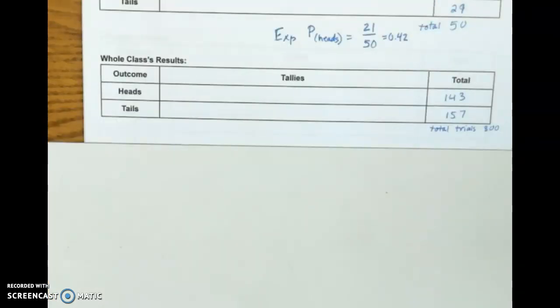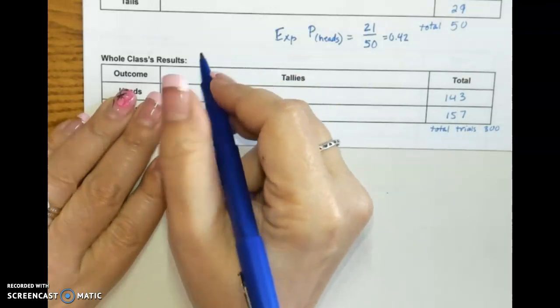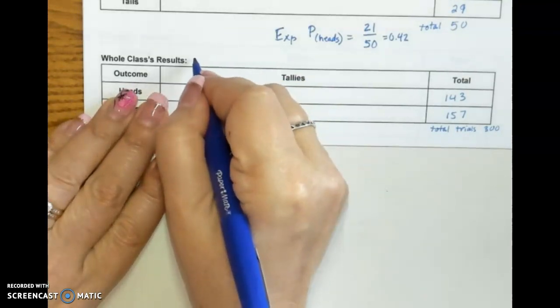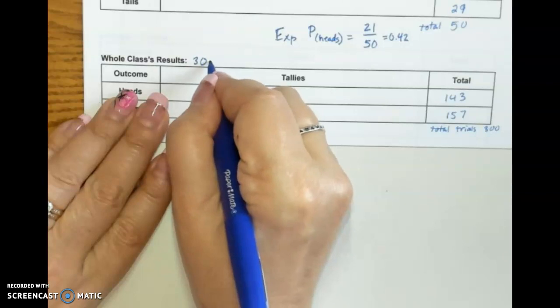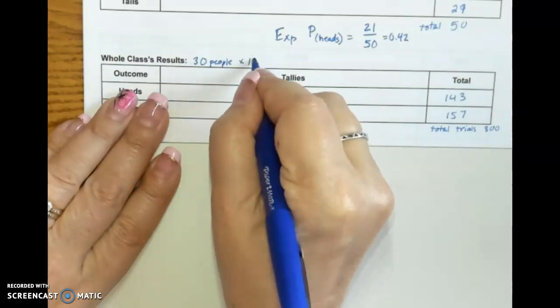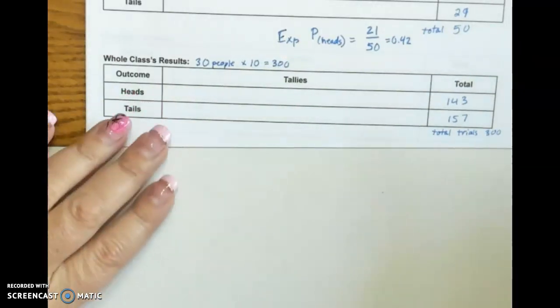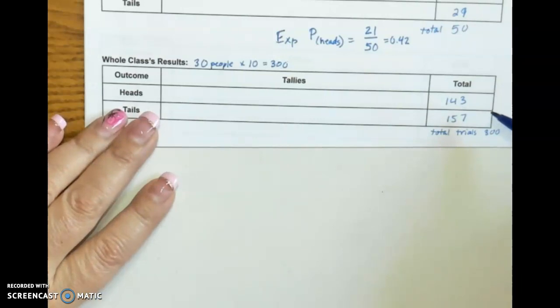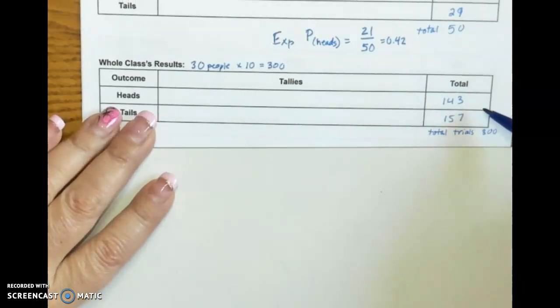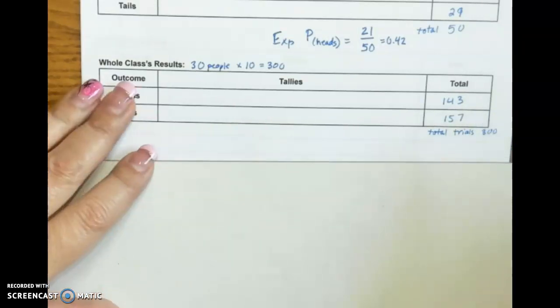So if we took everyone in the class and looked at their results, usually we have about 28 or 29 students in a class, and if we include the teacher as well, we have approximately 30 people. And if 30 people do 10 trials, that would be a total of 300 trials. So I entered 300 tosses into my simulator and got 143 heads and 157 tails.